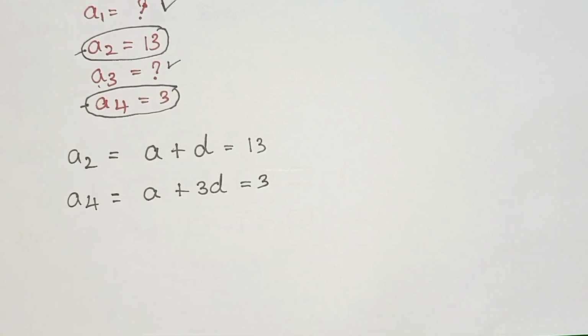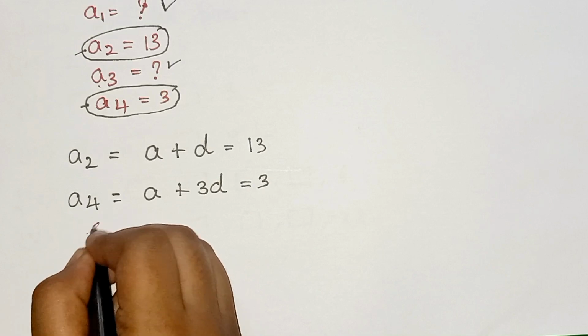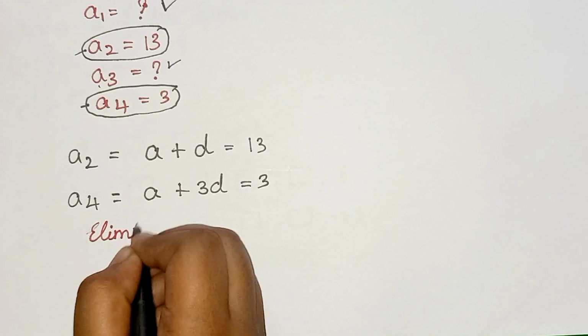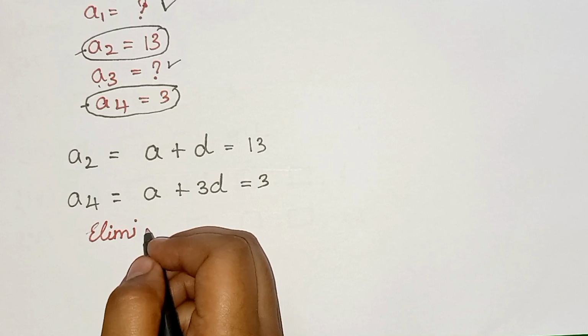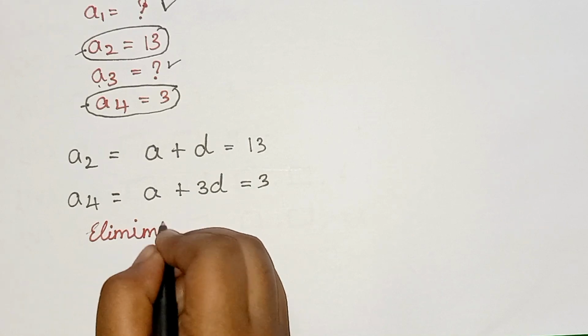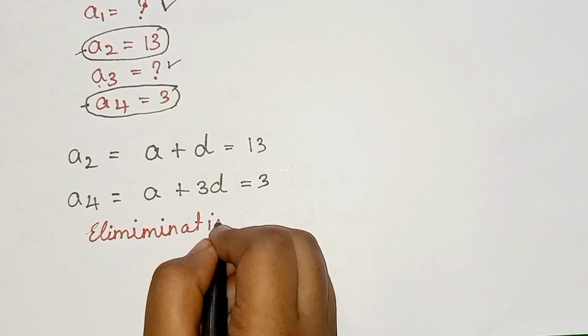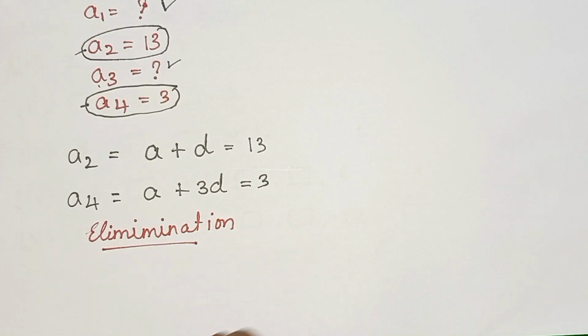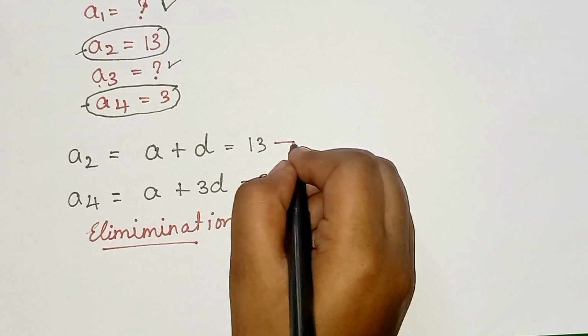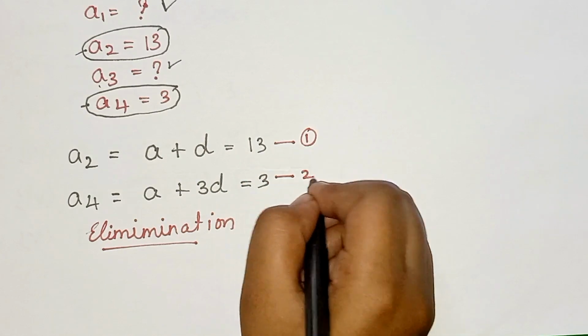Alright. So now we can solve it by using the elimination method. I hope you guys know that we studied this in the third chapter. So I am going to take these as equation number 1 and equation number 2.